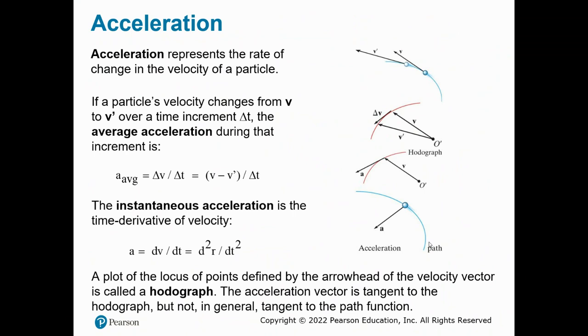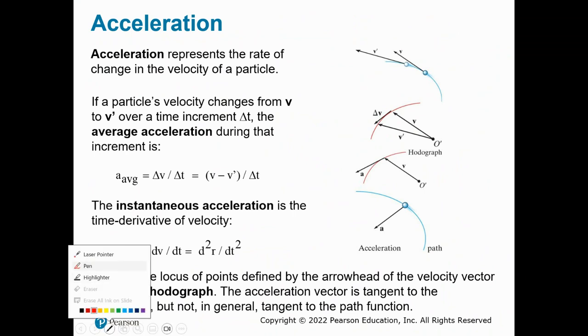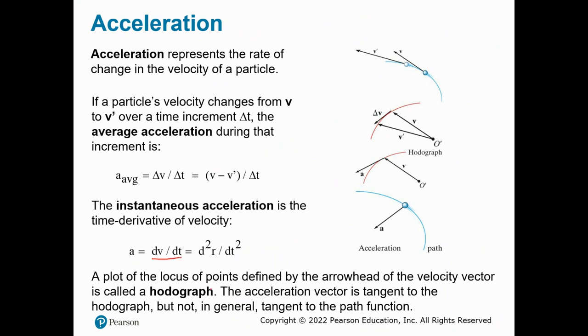If I take the first derivative of velocity with respect to time, that gives me the acceleration. Going backward one more step, if I take the position vector, the first derivative gives me the velocity, and the second derivative gives me the acceleration.